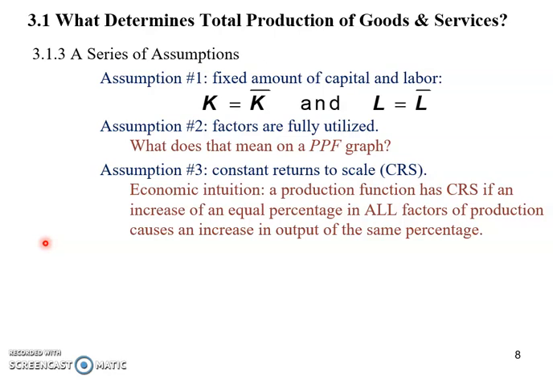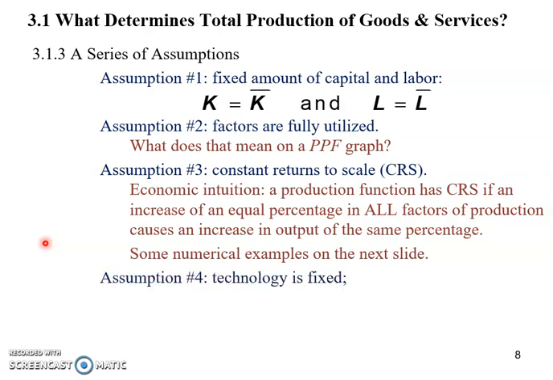If we double the amount of capital and labor, then the output is doubled as a result if the production function has CRS. On the next slide we're going to give you several numerical examples to help you better understand returns to scale. Basically, it tells us the relationship between a change in inputs and a change in output.